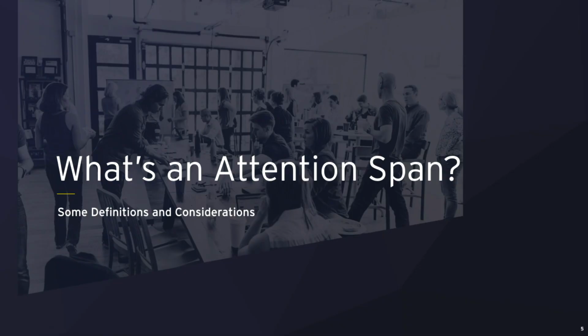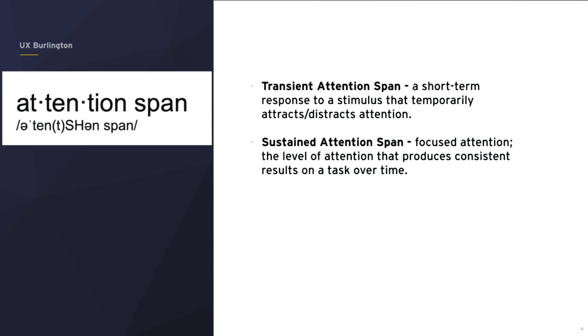All right, so let's go into talking about an attention span and what exactly that is. There's at least 2 types of attention spans that are looked at in research and in the literature. So there's your transient attention span, and that's more what captures your attention briefly. It could be also referred to as a distraction, but if you think about it, a distraction is also paying attention because you're paying attention to something.